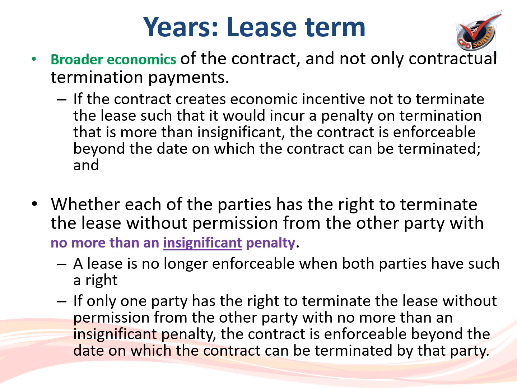Other aspects to consider is whether each of the parties has the right to terminate the lease with or without permission of the other party, with no more than an insignificant penalty.